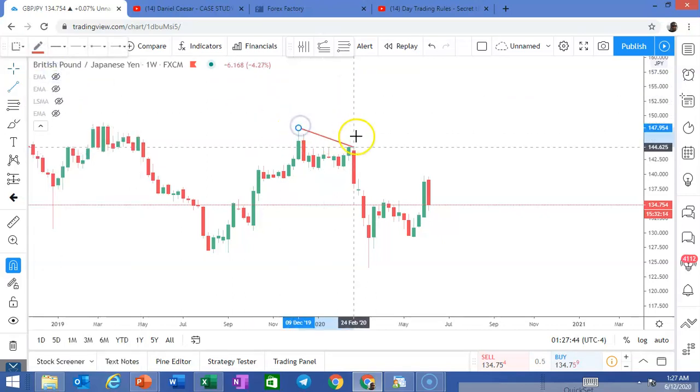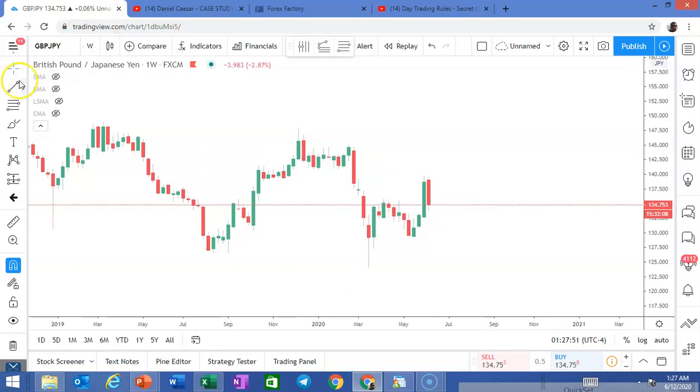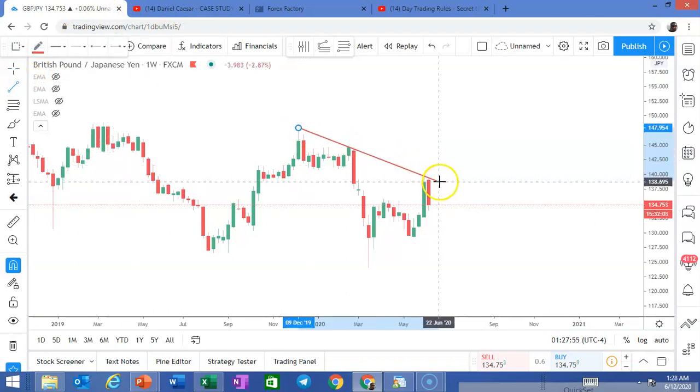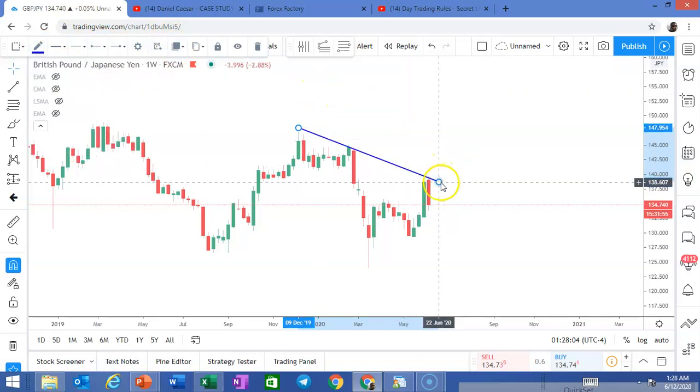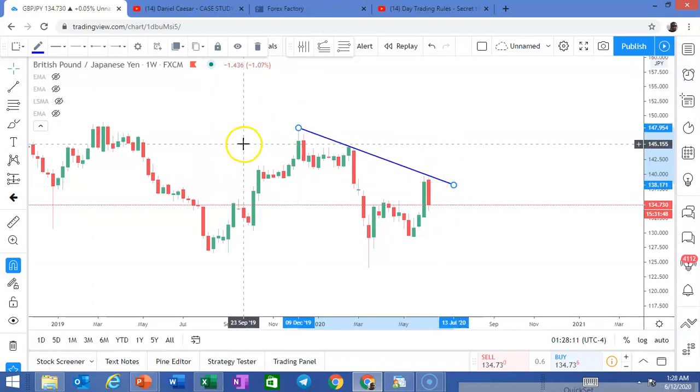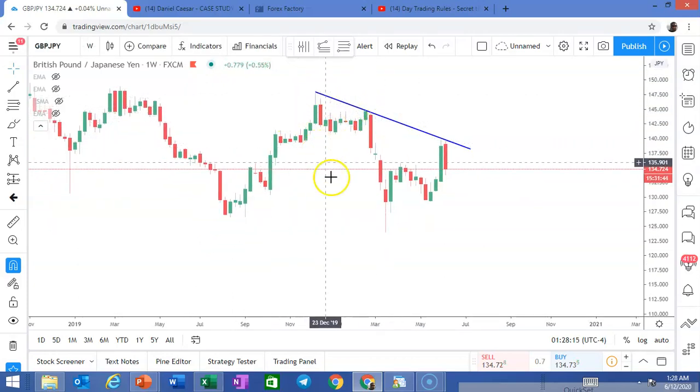I am a stickler about my trend line touching 3 points. Why is this not being cooperative? Okay. And I don't like this color, so I'm going to change it to blue. So this is the weekly.